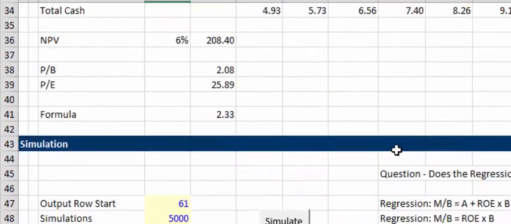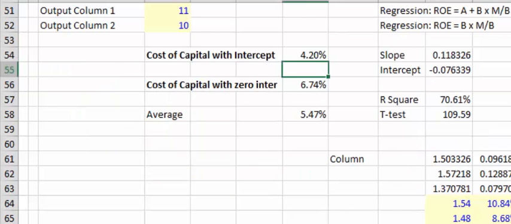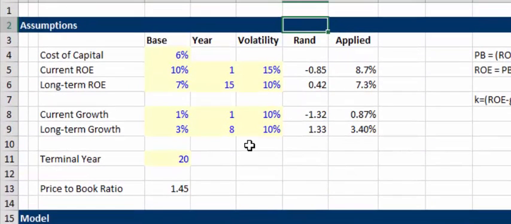And then I'm going to have to switch off the video and wait while it's computing. So here, in this case, cost of capital with the intercept was 4.2%, and the cost of capital with the zero intercept was a little bit high. Okay, so that's again when we had a decreasing rate.